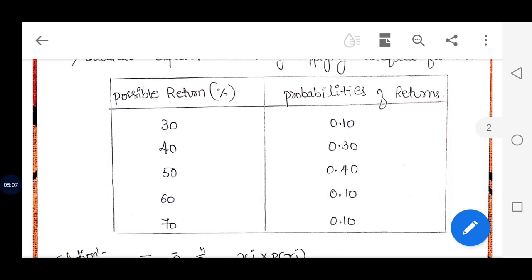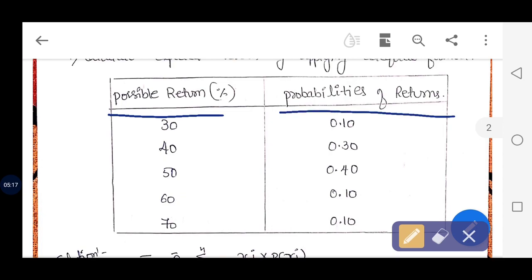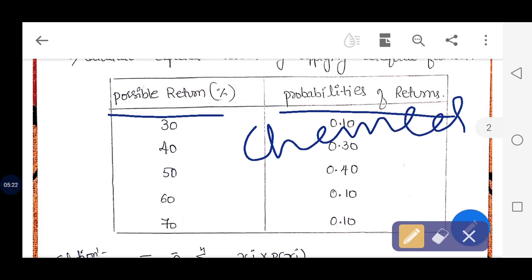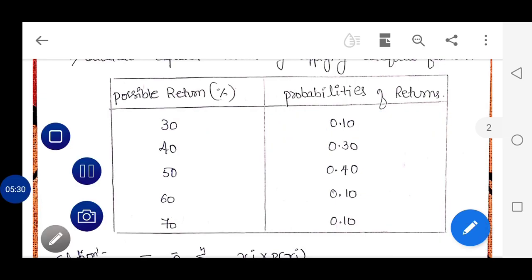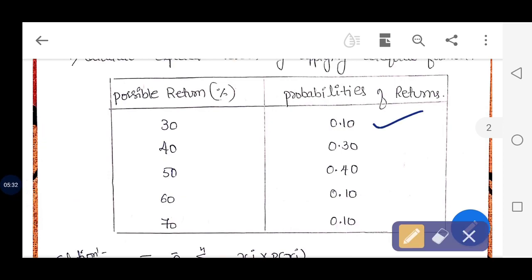In the question they have given possible returns, that is the return promised by the company, and the probabilities of the return, that is the chances of getting this return. Suppose the company has promised 30% return, there is a 0.10 chance that you will get that return. If the company is promising 40% return, there is a 0.30 chance that you will get this 40% return. So on, they have given the probabilities.